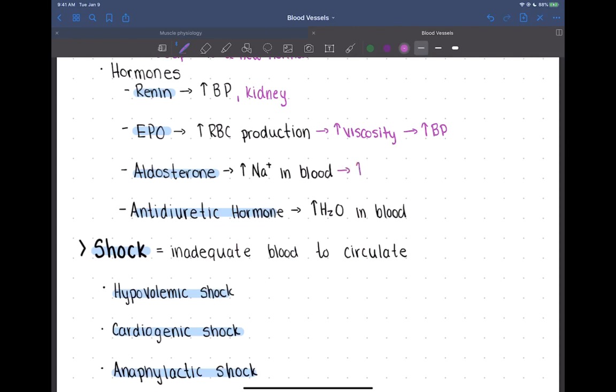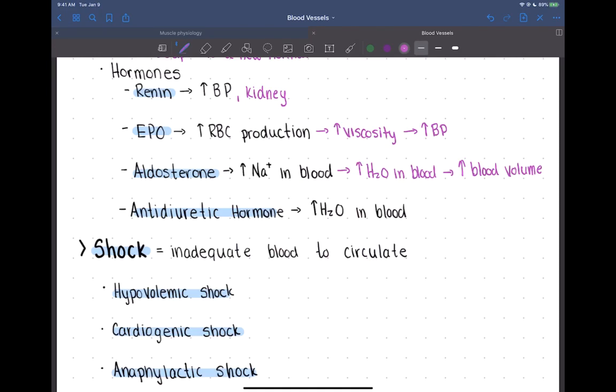So this will increase the water in the blood, which will increase blood volume. And we said when you increase blood volume, you increase blood pressure. Okay, so aldosterone, by adding salt to the blood, will increase blood pressure.